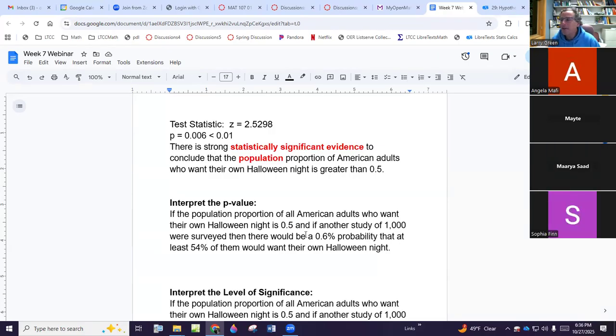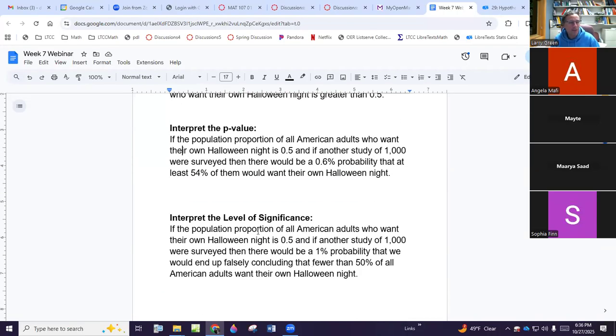Okay, let me do one more thing before I get to another example. Let's interpret the level of significance. Remember, that was the probability of a type 1 error.